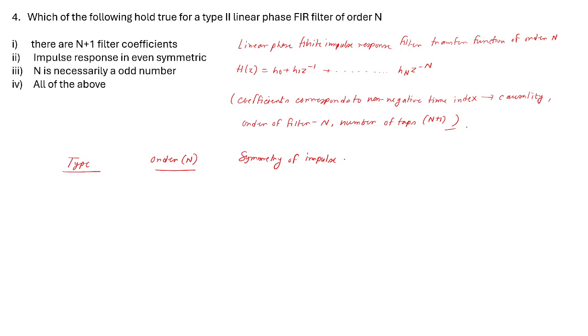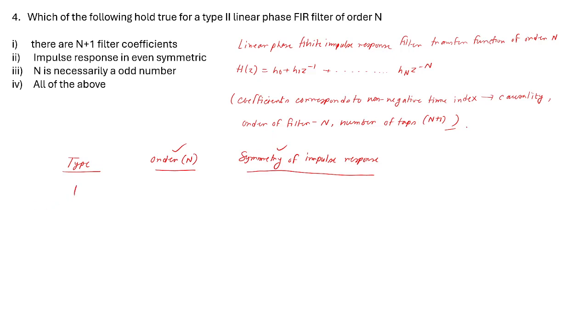There are two essential properties, differences between these types of linear phase FIR filter, namely the order and the symmetry of the impulse response. You can replace the order with the number of taps also, because they are essentially the same thing. If the order is n, the number of coefficients is just n plus 1. That's all. So there are two actually independent properties.